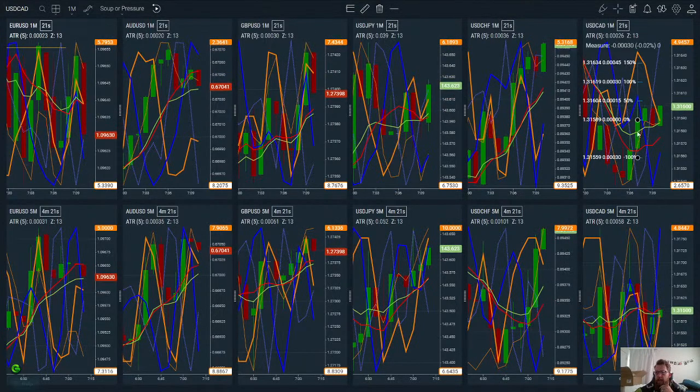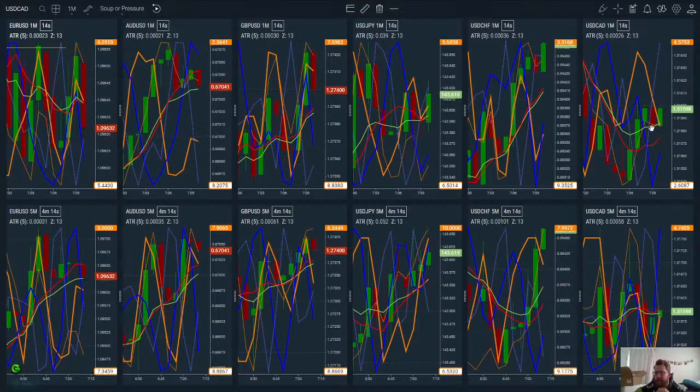You know what? I actually am liking the way that this is looking here. So it went up, went back down, touched that, and if this continues in the direction, I think I might get in here.